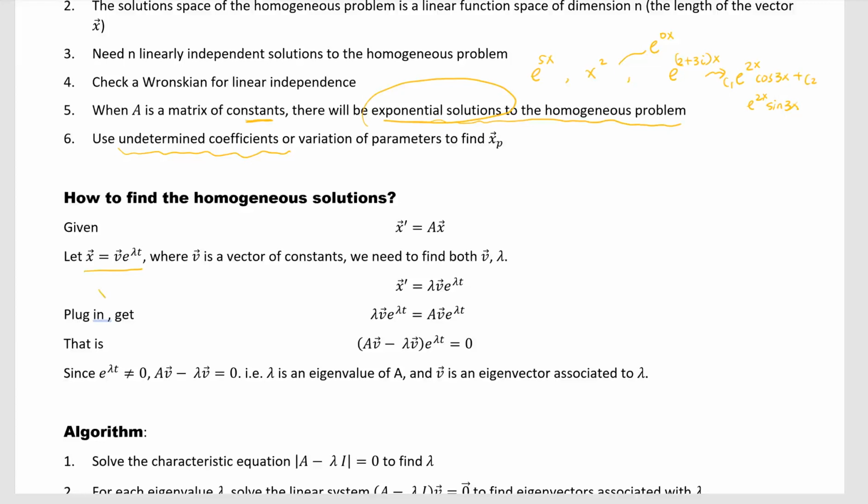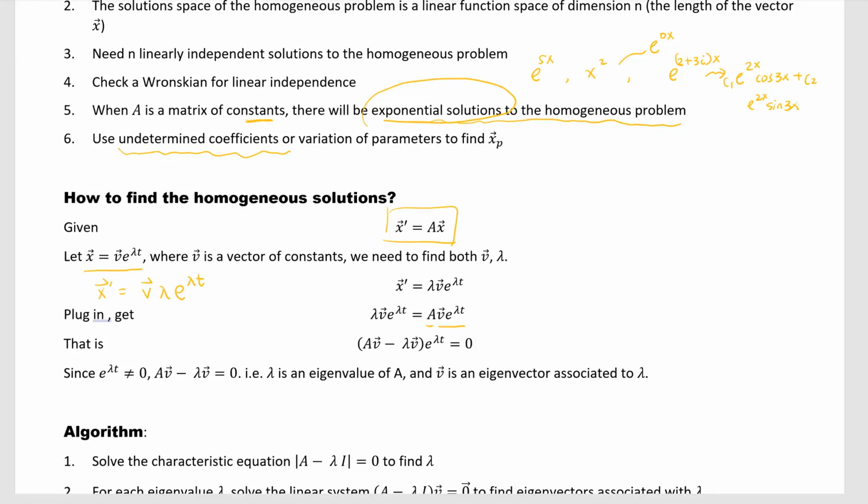When we differentiate it, because v is a constant it just stays here, and the derivative of e to the lambda t is lambda e to the lambda t. So far so good, everybody? Now let's plug into our differential equation. x prime is lambda v times e to the lambda t, and then we have A times x, where x is v times e to the lambda t.